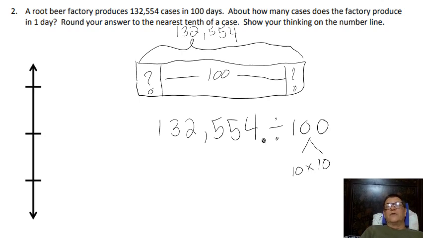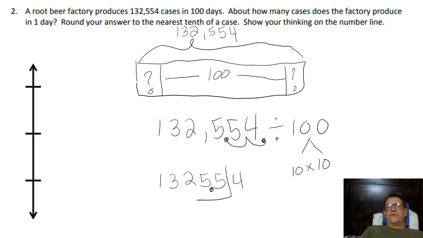So this decimal is going to move 2 places to the left: 1, 2. So I can see that every day they are going to make 1,325 and 54/100 cases. Now the answer says round it to the nearest tenth.